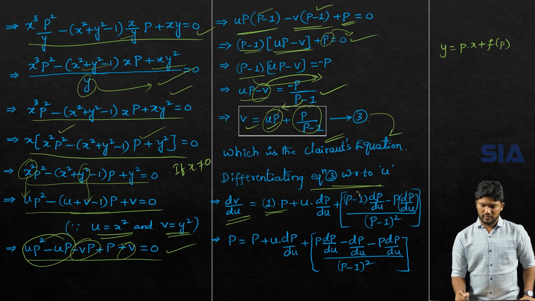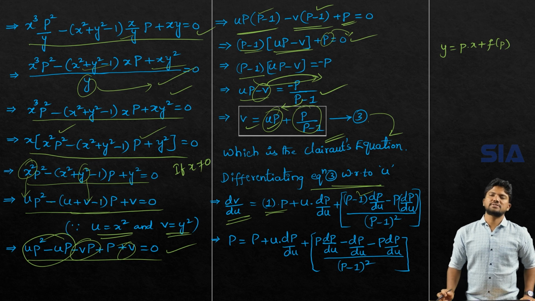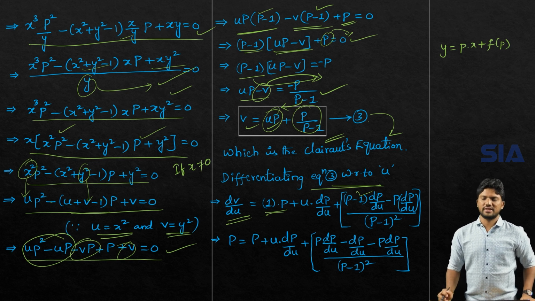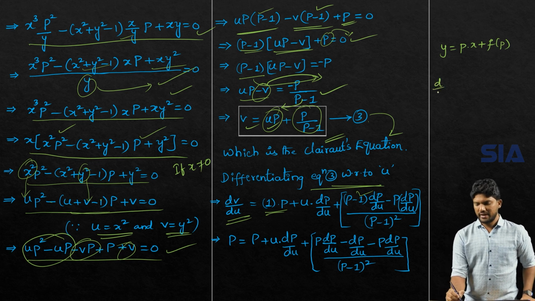So you know very well v into u dash minus u into v dash by v square.